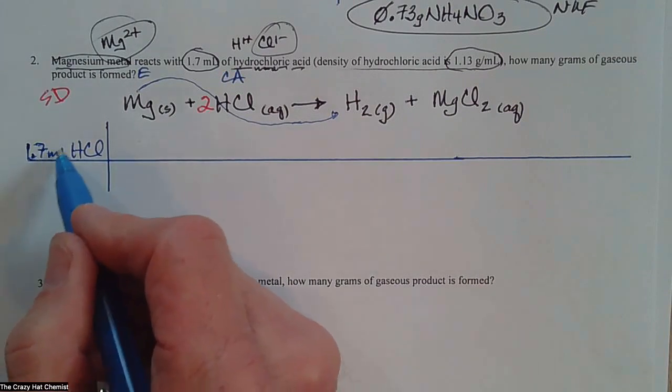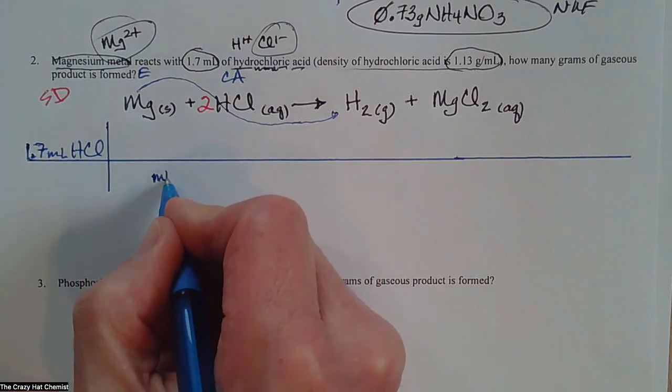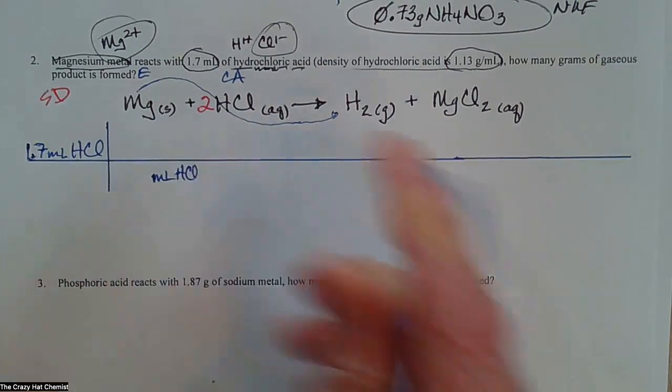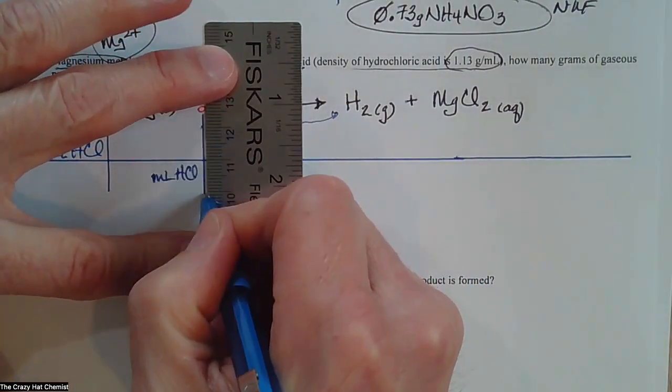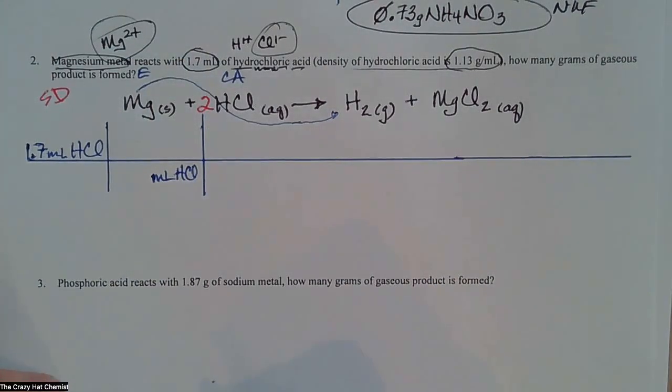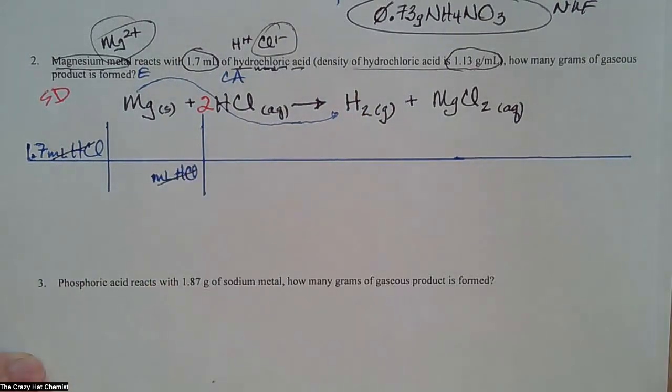These are milliliters of HCl, and so therefore I'm going to have milliliters of HCl down in the denominator right there. Okay, and then we'll do our vertical stop as well. This will enable me to cancel out the milliliters of HCl.